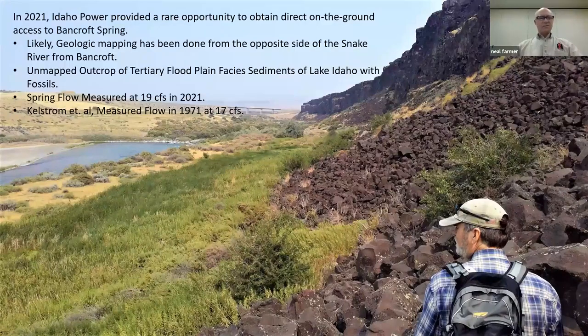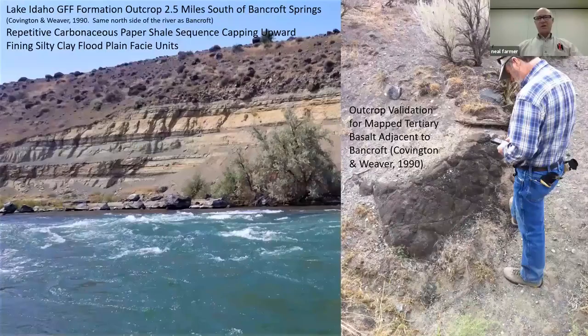These are some Glens Ferry sediments, lake bed sediments, tertiary age, right around the corner, really, just a couple miles to the south of Bancroft. And then some tertiary basalts that were mapped also that are right next to Bancroft. And so the tertiary is exposed around Bancroft.